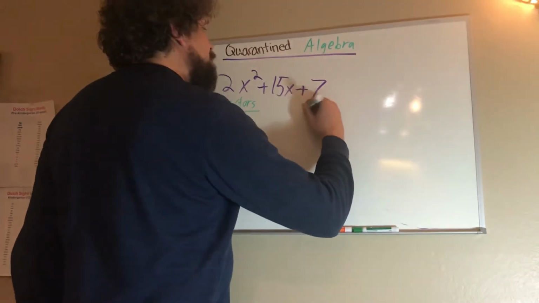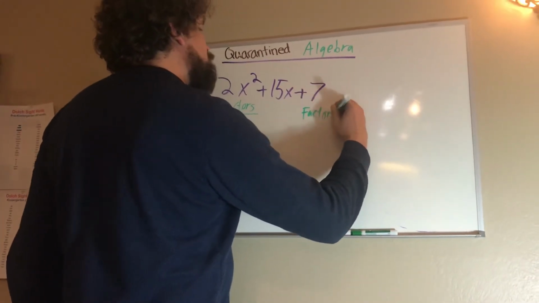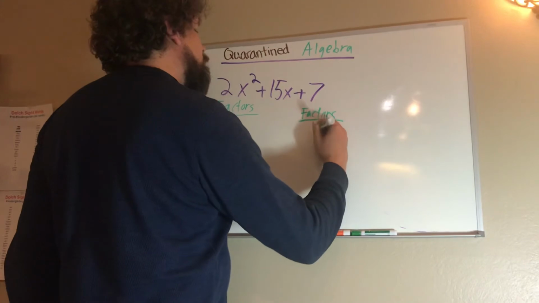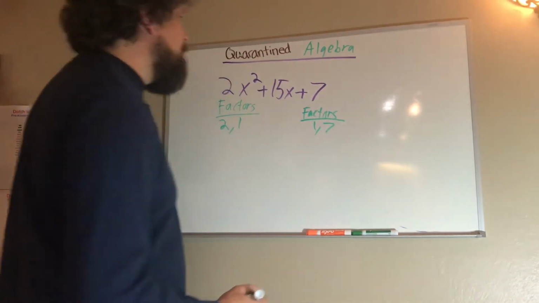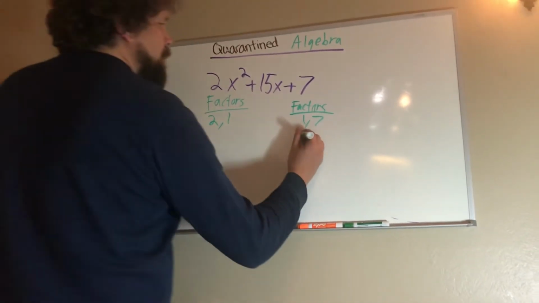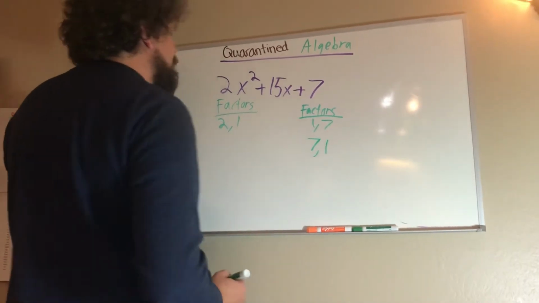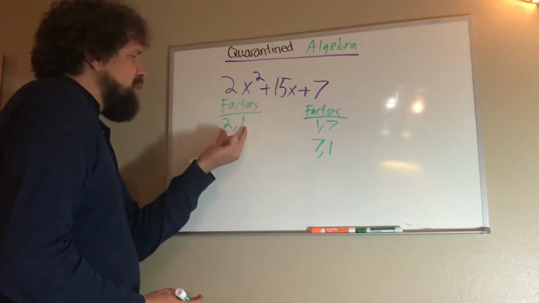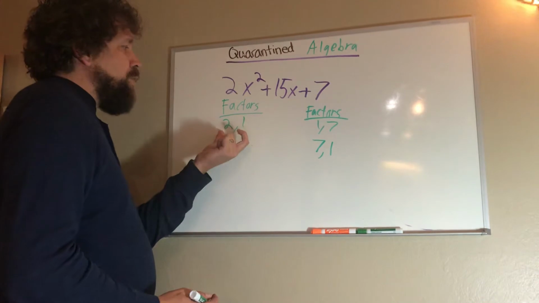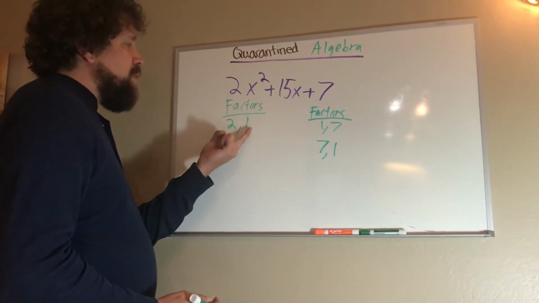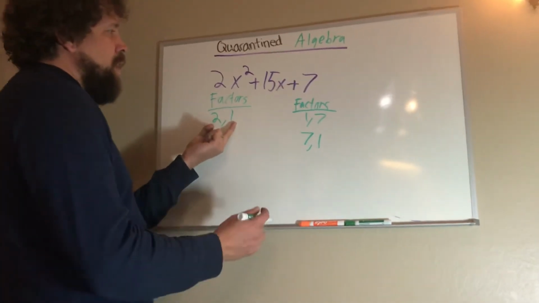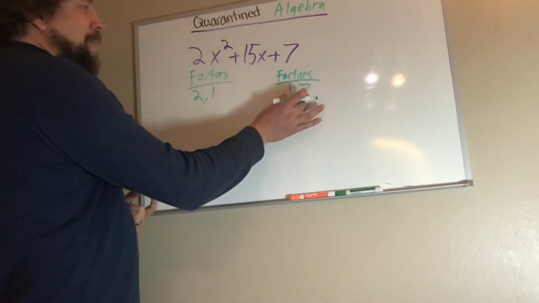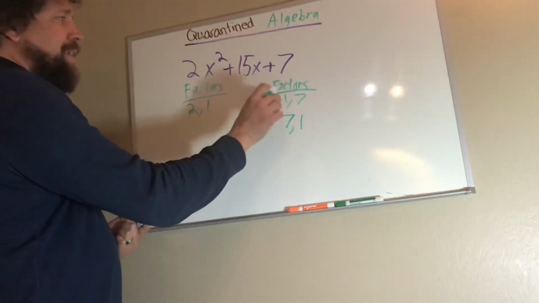Over here with the 7, we've got factors 1 and 7, okay? I'm going to write that this way, 7 and 1. As long as I set this one up with the 2 first in the first parentheses and the 1 in the second parentheses, I can keep it like that, but I might have to switch my 1 and my 7.